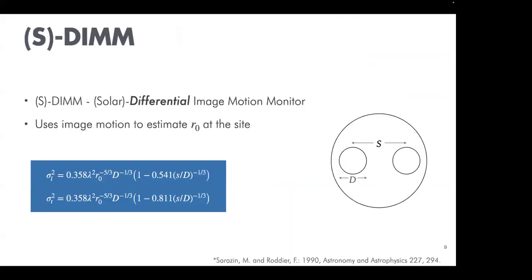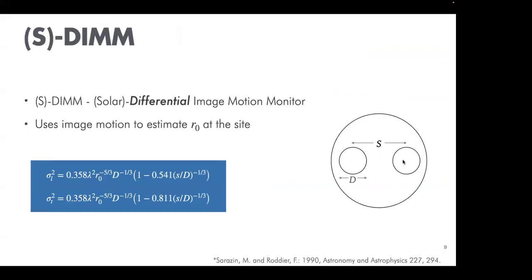Okay, DIMM 101. Basically, you could, in principle, just use an aperture mask on your pupil, and you have two apertures. You take a star and observe the same star through both apertures. So you have two images at the same time, and both of them will have image motion.